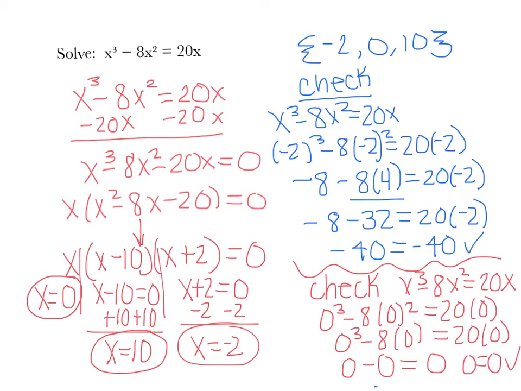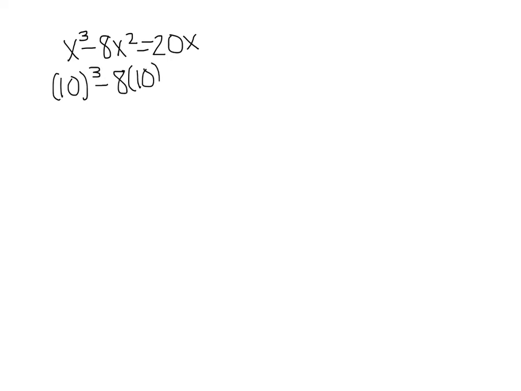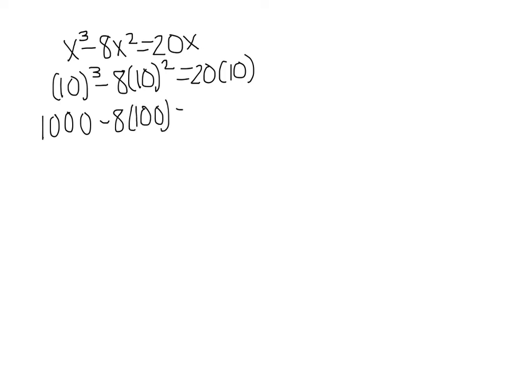Last, we have to check the number 10. Ten to the third is 1,000. 10 squared is 100.